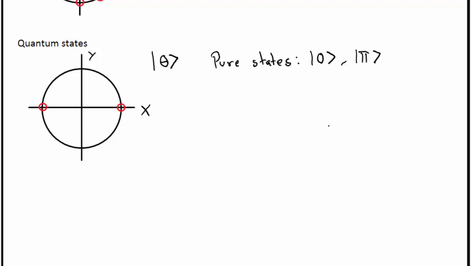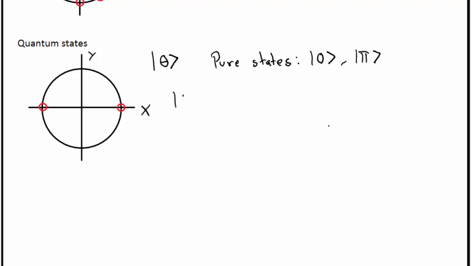So far, there is really no big difference between classical mechanics and quantum mechanics. The big difference is the following postulate of quantum mechanics. Any linear combination of the pure states is a possible state of this quantum system.